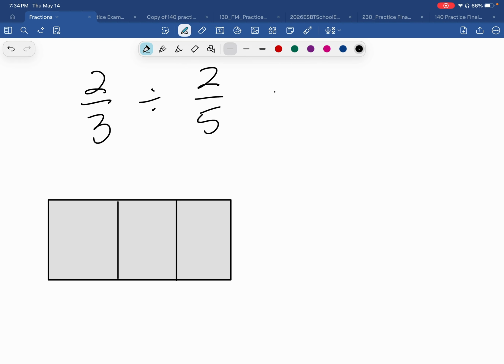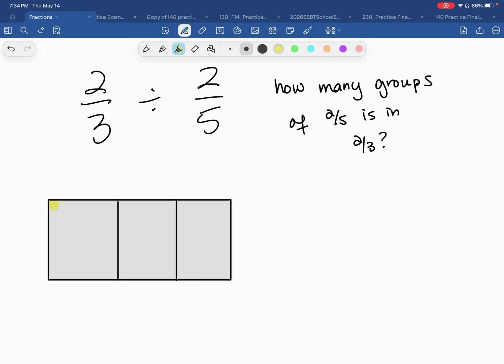Okay. And again, this is asking how many groups of 2/5 are in 2/3. Okay. So we start by drawing our 2/3. Okay, there's my 2/3. Now I need to work in fifths here.